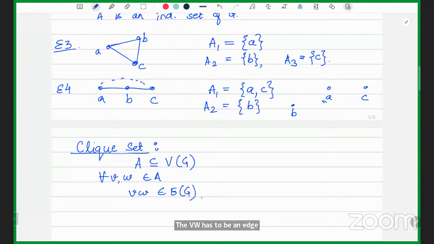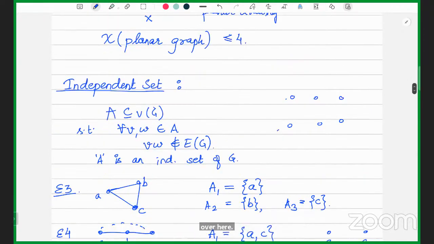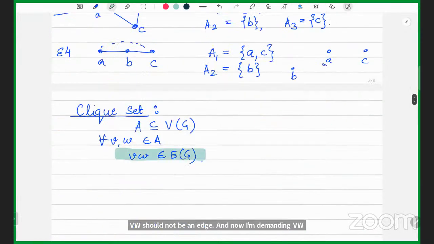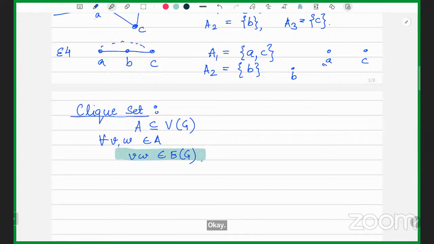See, it is completely in contrast with what I have seen earlier. Here I demanded VW should not be an edge, and now I'm demanding VW should be an edge. So if you have an edge between every two vertices of the set, you say it's a clique.